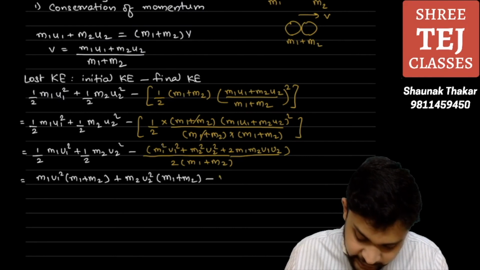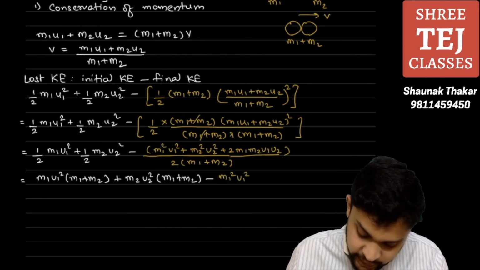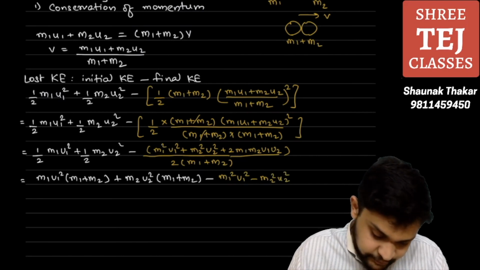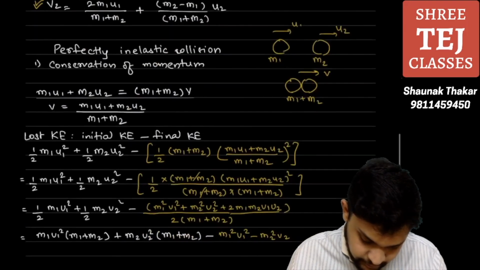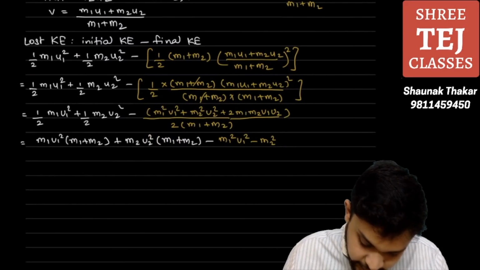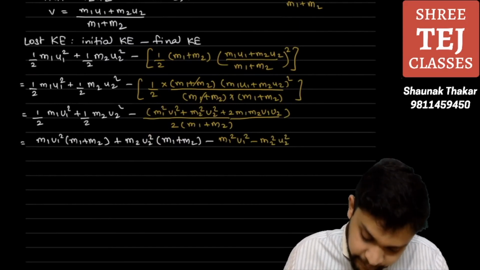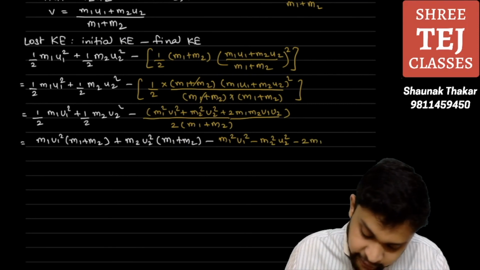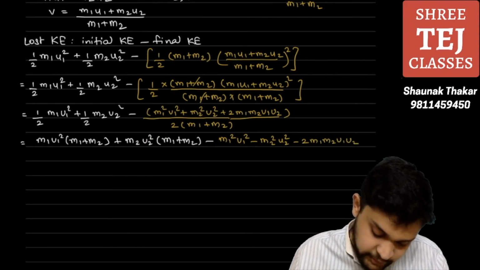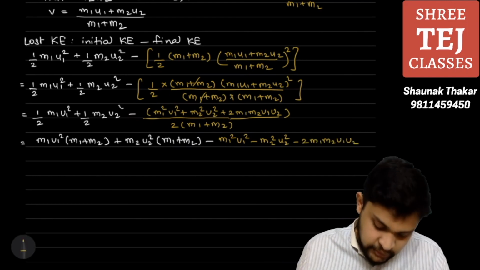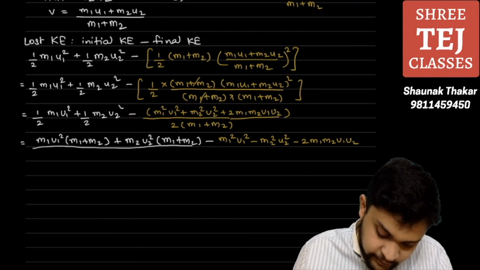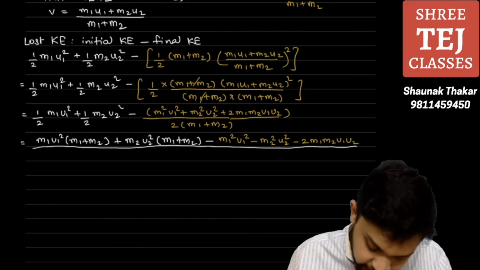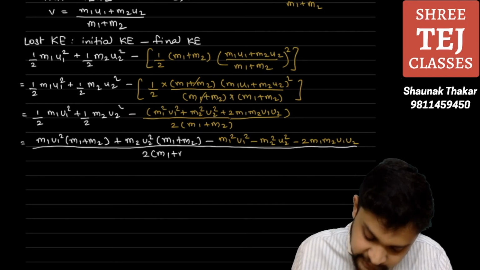So we will get m1 square u1 square minus m2 square u2 square minus 2 m1 m2 u1 u2, and we will divide this whole expression by 2 m1 plus m2.